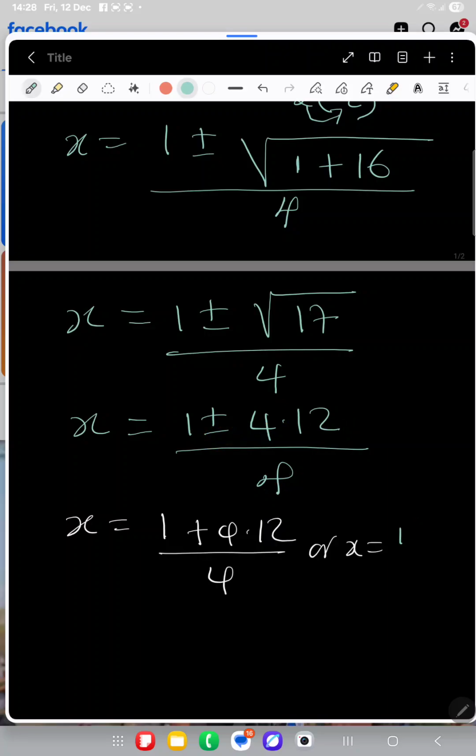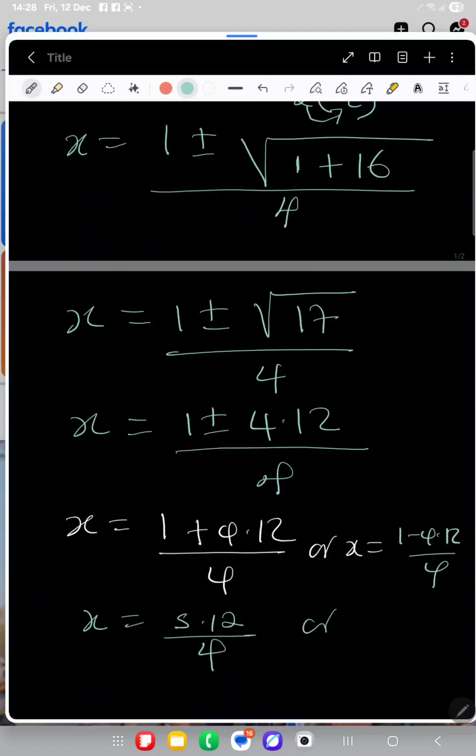So x is equal to 1 minus 4.12 over 4, meaning that you come here, which is x is equal to 1 plus 4.12. We are going to get a 5.12. So we get a 5.12 over the 4, which is down here. Or here also we'll do the same. We have 1 minus 4.12.